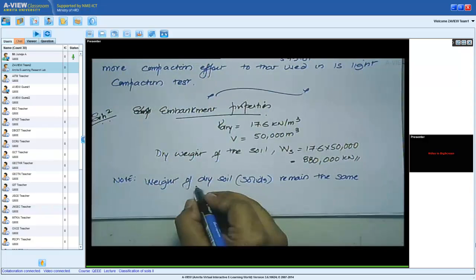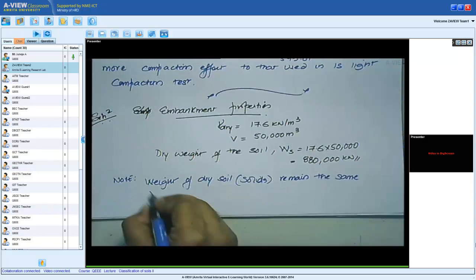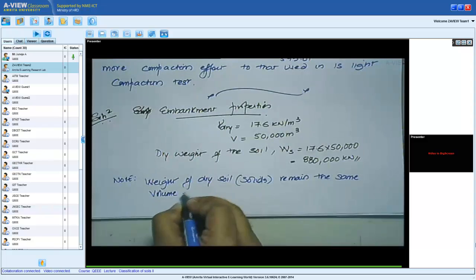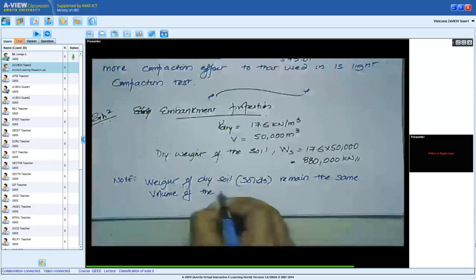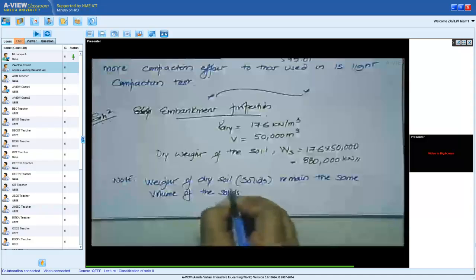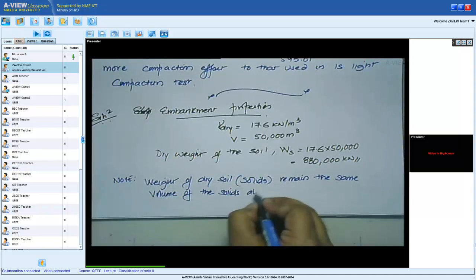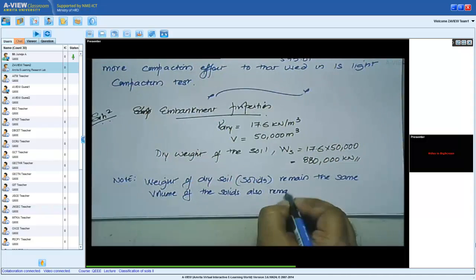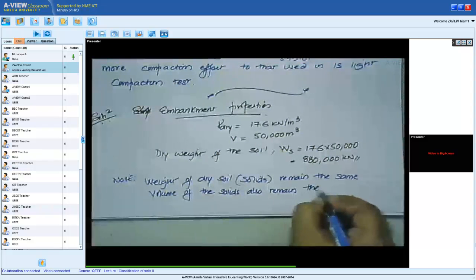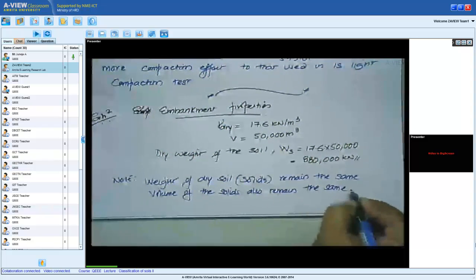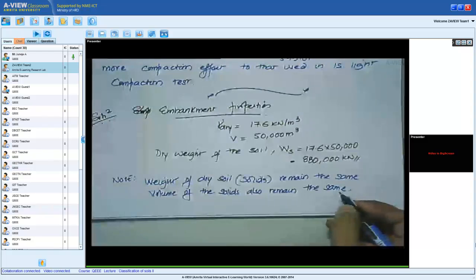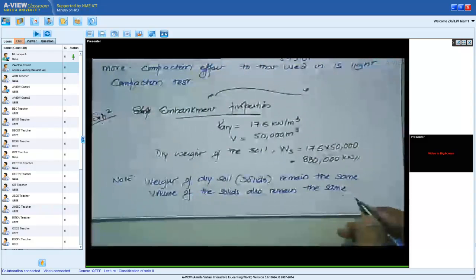And in relation to this, I can also write the volume of the solids also remains the same. Obviously, when you compact the soil, you're not going to crush the soil particles.